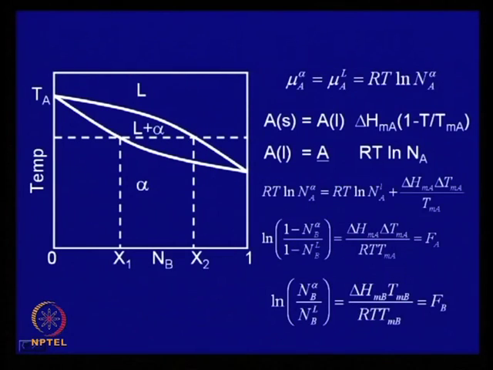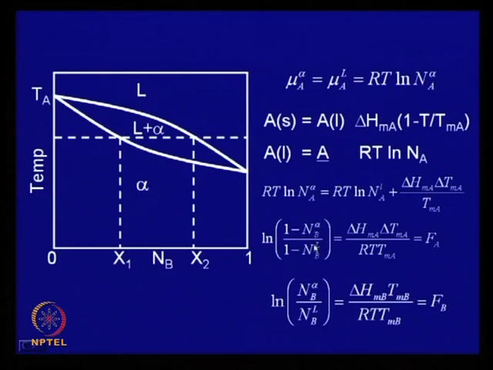And now it is very simple to set up a spreadsheet, or say construct a table, and calculate these values, let us say F A and F B, for different temperatures. Having done that, you can try and solve.